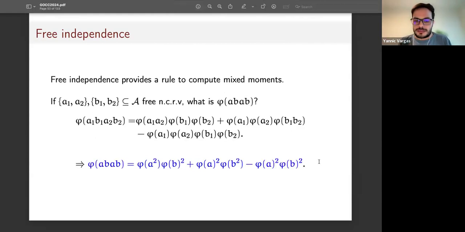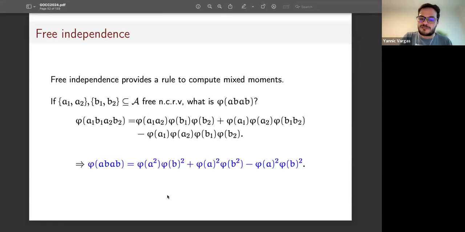Here are some more elaborate examples just to show you how complicated it can get. So if now I have A and B, which are free between them, and I calculate phi of ABAB, remember that my algebra is not necessarily commutative, so this is not necessarily A squared times B squared. So I end up with this sum. This is just to show you that under this definition of freeness, the expectation of those monomials is more elaborate than in the classical setting.